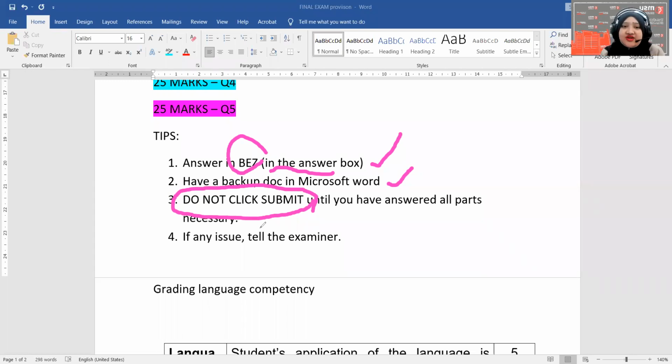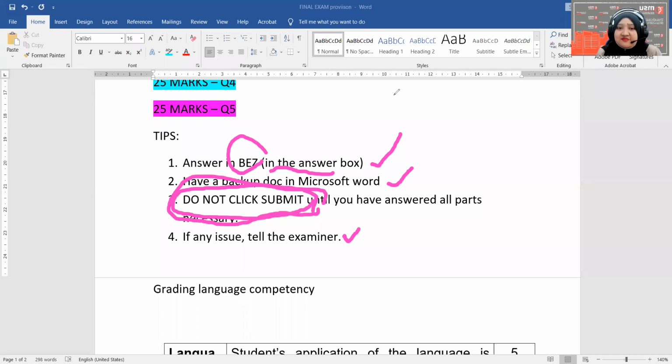Do not go near the submit button until you have completed answering all questions in the examination. On the examination day, if there's any issue, just tell the examiner, tell the exam coordinators about the issues that happen. I will be on standby, but definitely do not keep quiet if anything happens. If you have any problem during the examination, inform us. And point number 3, and I really don't want this, please do not click the submit button early.